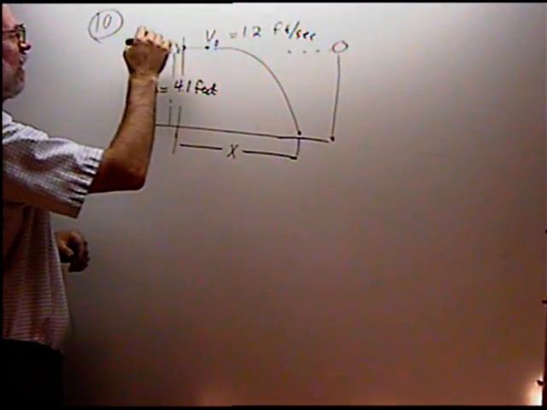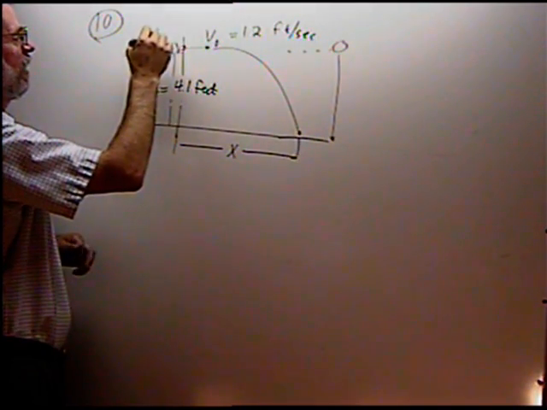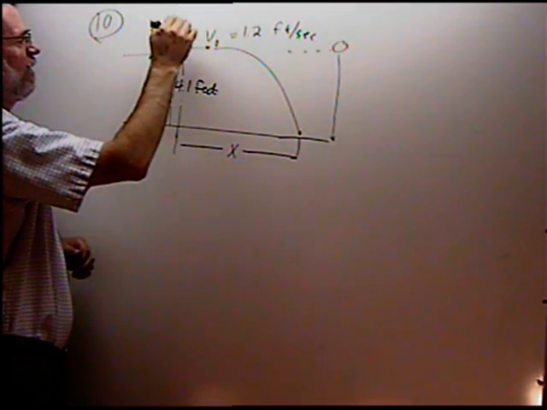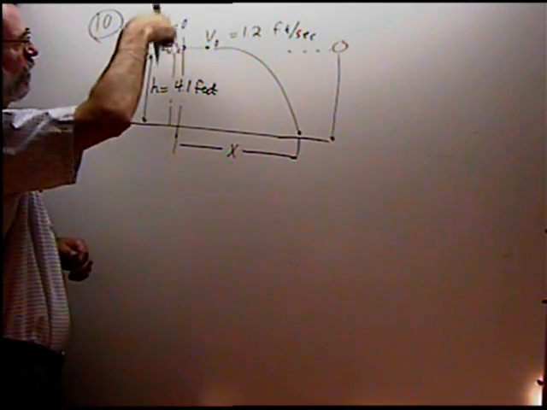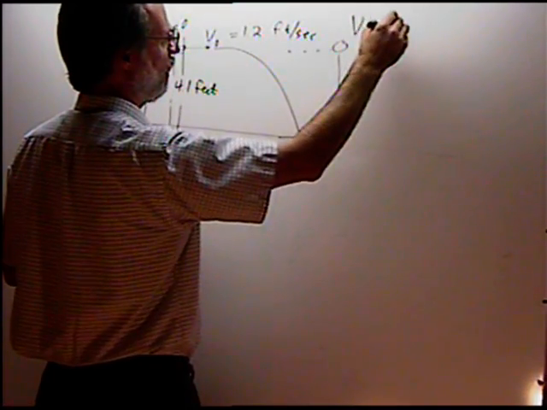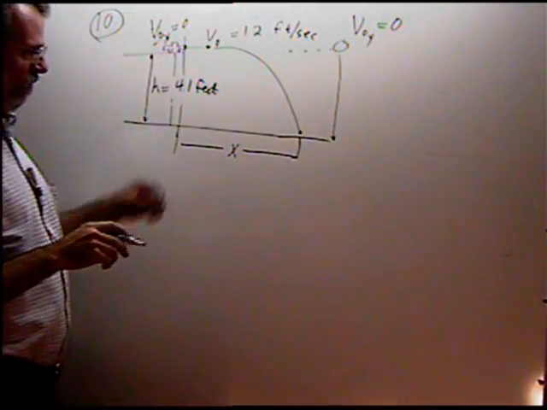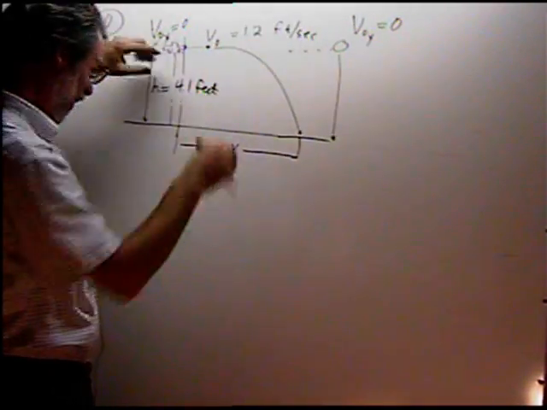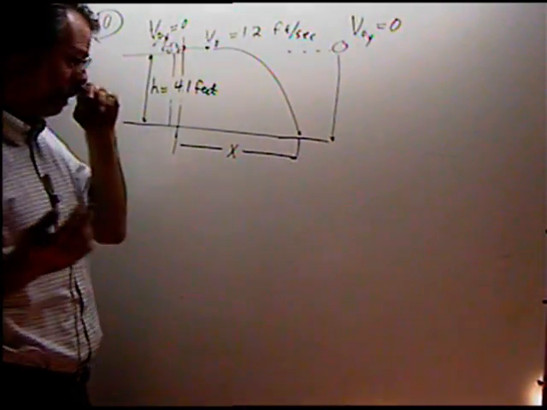The initial velocity in the y is 0. There is no initial velocity, so gravity just pulls it down. So the ball that I just dropped and the car will hit the ground at the same time.